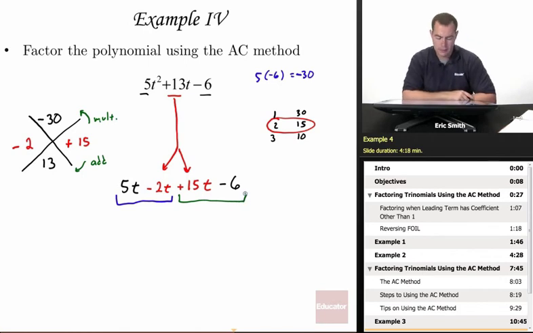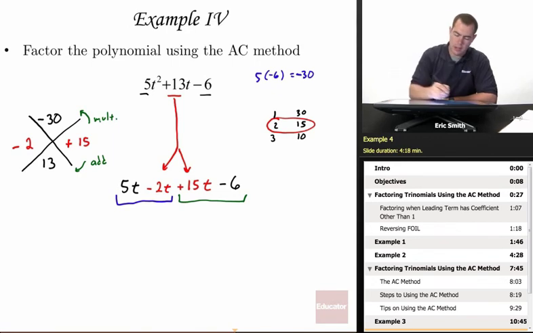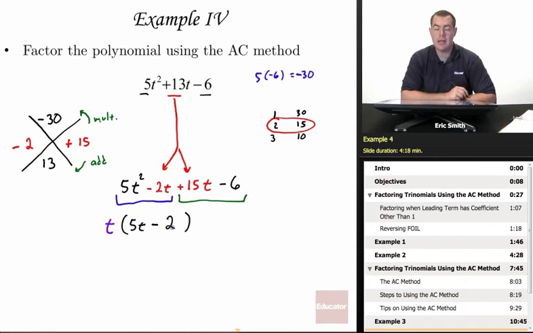Okay, 5t squared minus 2t. They only have one thing in common, and that would be a t. So let's see what's left over. 5t minus a 2. Looking at the next two terms, 15t minus 6, they have a 3 in common.